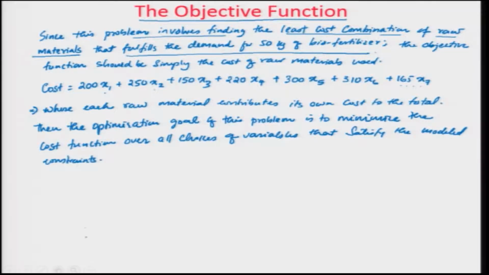So what we are saying is that our optimization goal is to minimize the cost function, where the choice of variables, the values of x1, x2, x3, etc. that we choose should satisfy the model constraints.